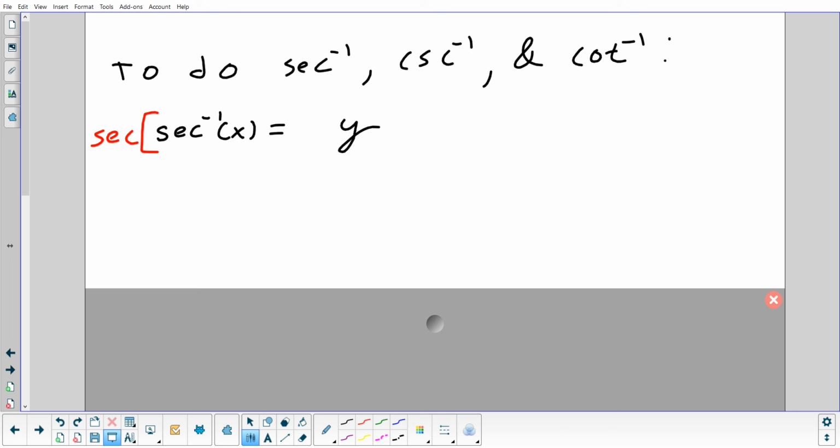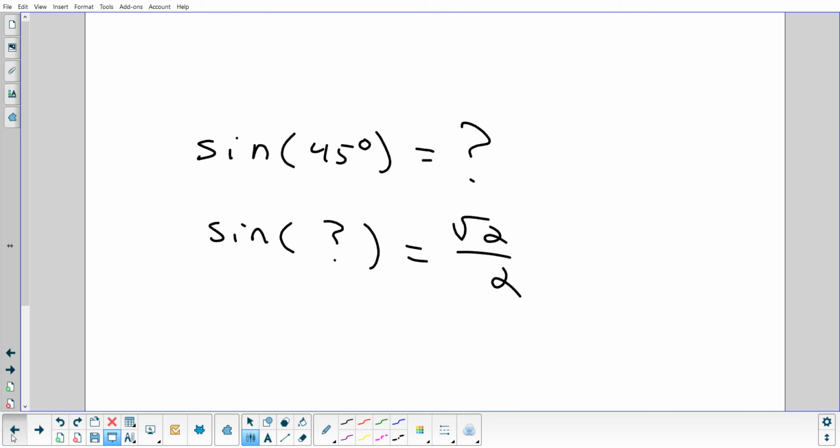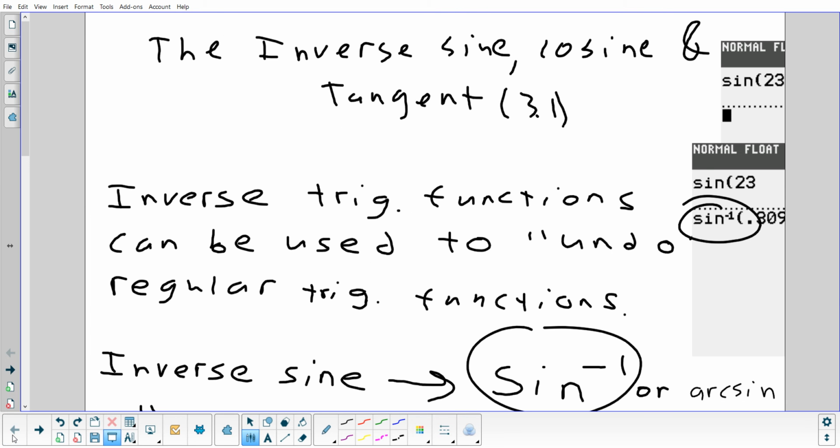There's no multiplication happening there. I'm taking the secant of each side. And when I do that on the left, regular secant and inverse secant cancel each other out. That's the first thing we said right here. They undo each other.